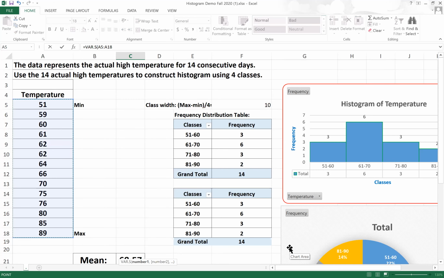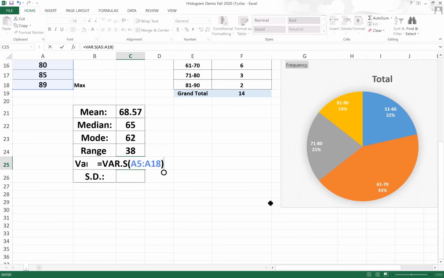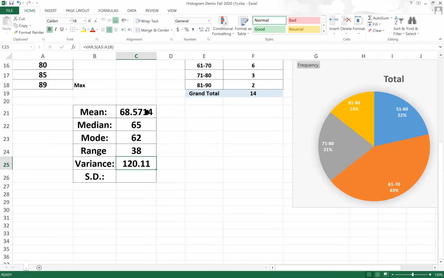Okay, close it. Okay, then we get that. Okay, 120.1. If you want one more decimal, you just have to round it to a certain decimal places, right? If you want more decimals, you can just increase it, right? If you want less decimals, right, like this one, let's keep it consistent, only 2 decimals.